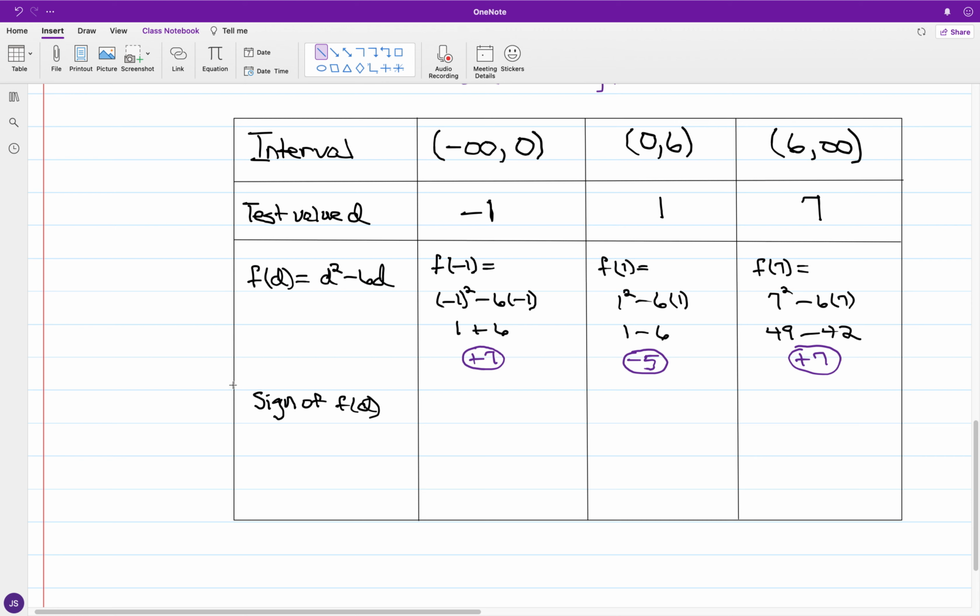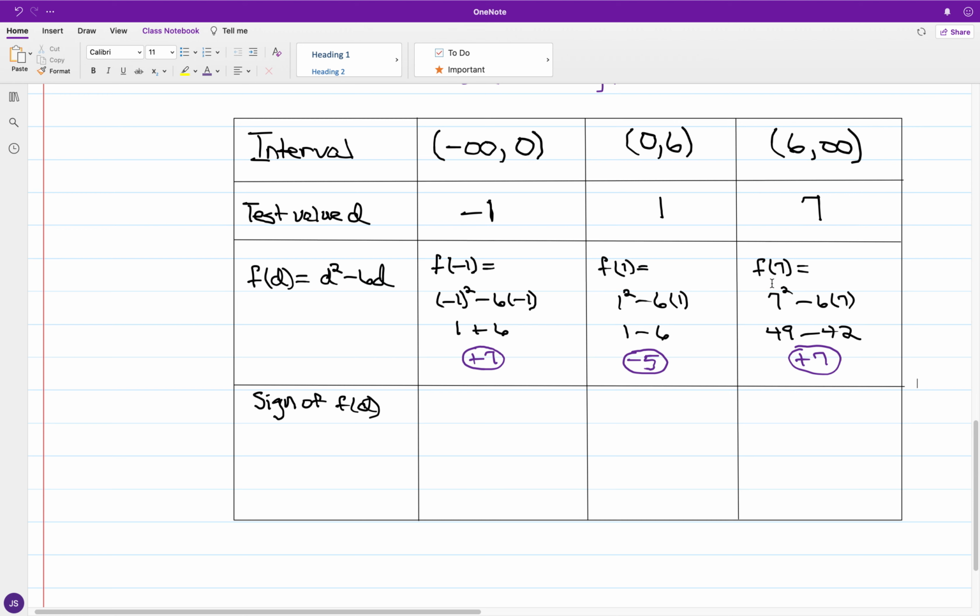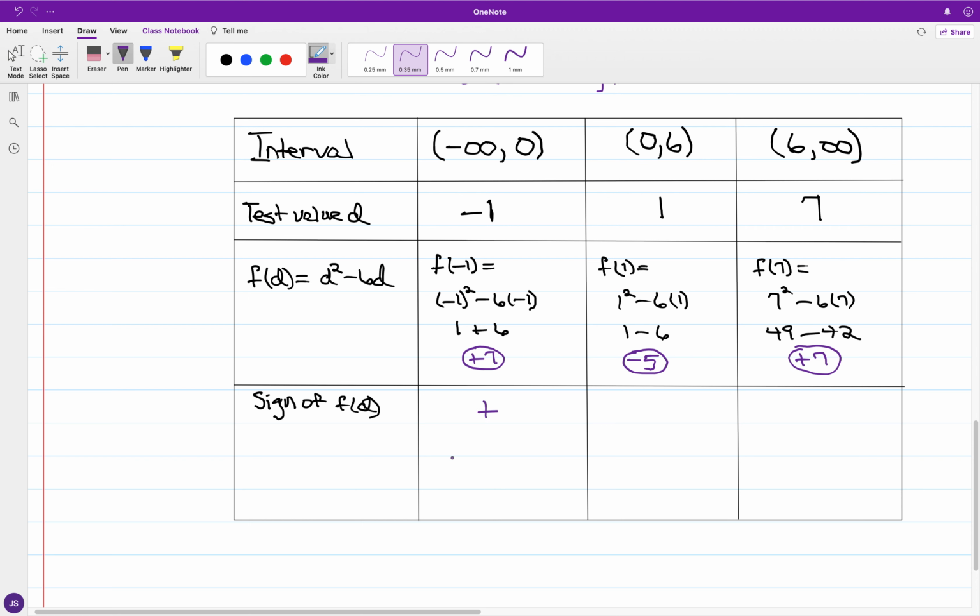And for the sign value of the function f of d, for any input that is negative, the output is going to be positive, so we have f of d is greater than 0. Anything higher than 0 but less than 6 for the input, the output is going to be negative, so we have f of d is less than 0.